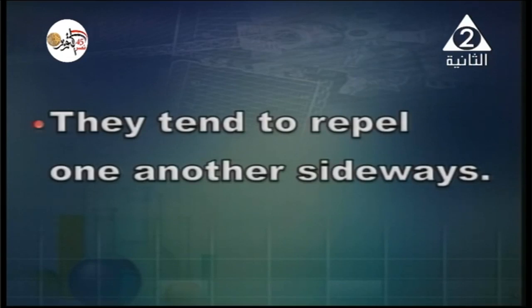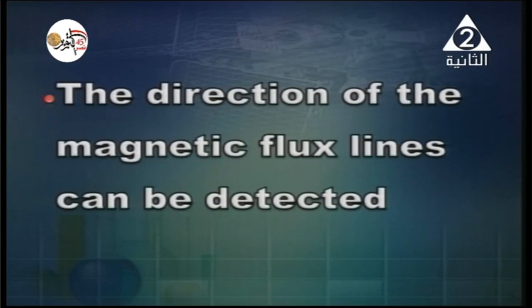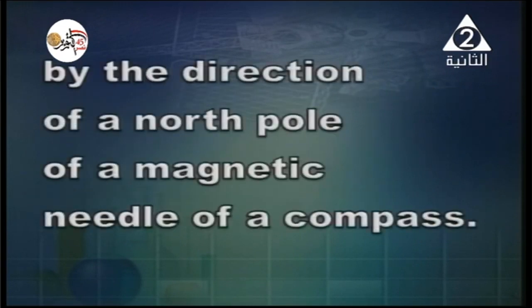They tend to repel one another sideways. The direction of the magnetic flux lines can be detected by the direction of the north pole of a magnetic compass needle.